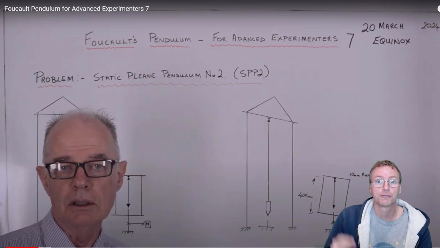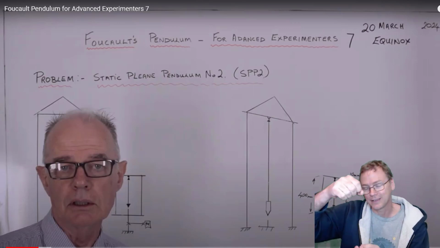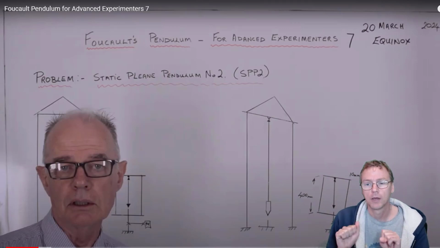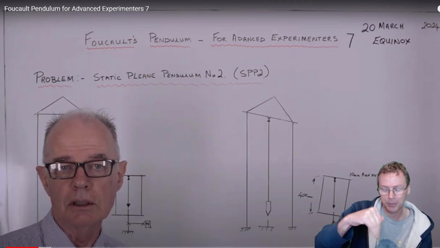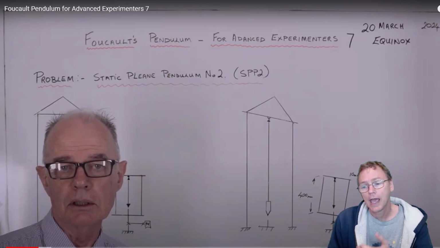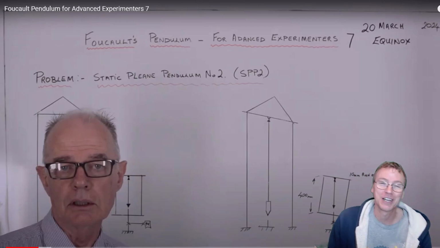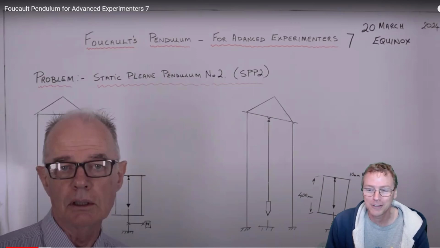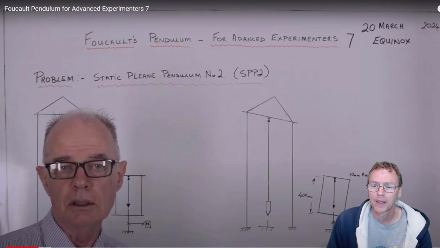Right, we get different rotation rates at different latitudes, because it isn't swinging in a plane while the Earth is turning underneath it. It's actually precessing, and I haven't come up with any brilliant way to make a scale model of that.